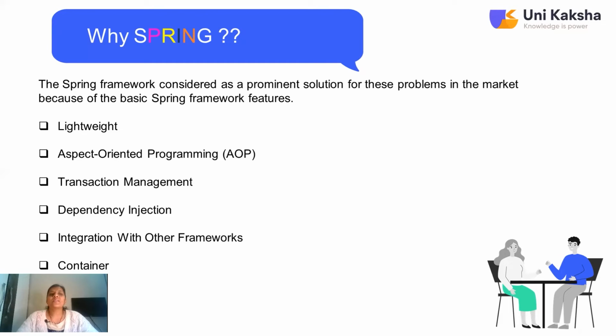Then next is dependency injection. This feature is again considered the most important feature the Spring Framework provides. It allows you to develop loosely coupled applications. It allows developers to achieve separation of concerns of construction, and it also deals with the use of objects.